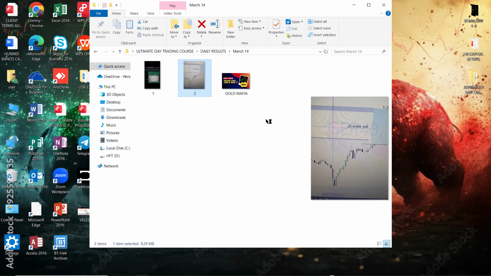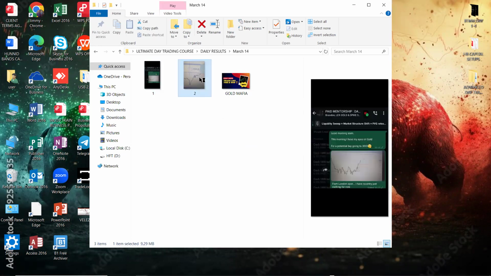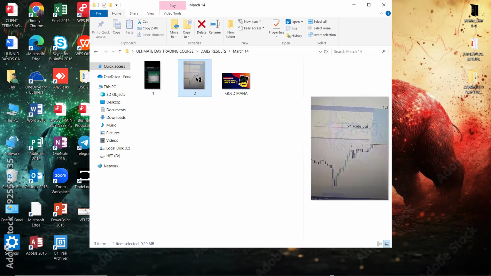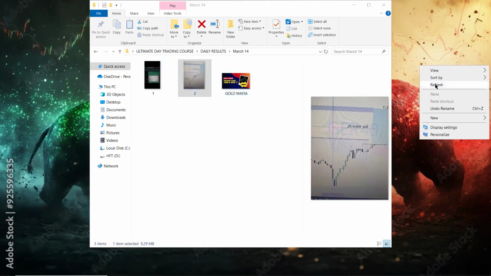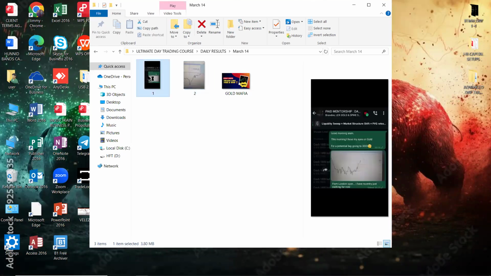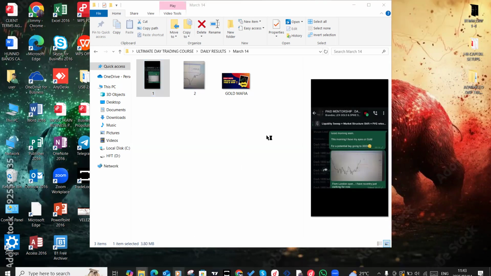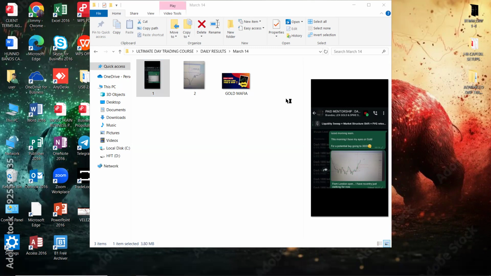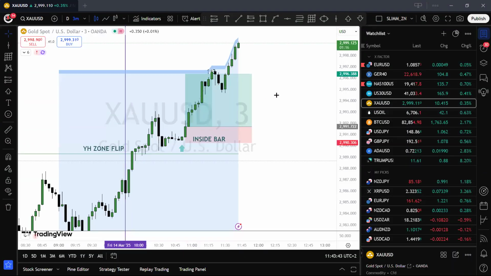It's refusing to play. I just wanted to show you guys the actual trade playing out. It seems like it doesn't want to be played. Let's give it time.